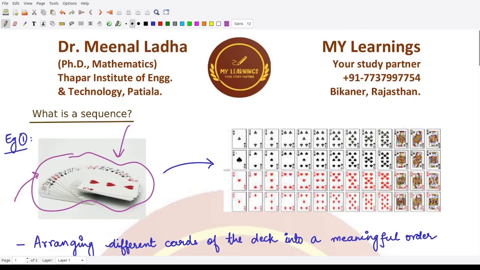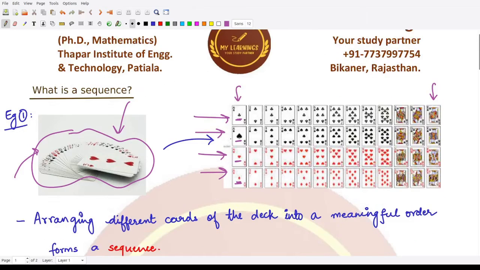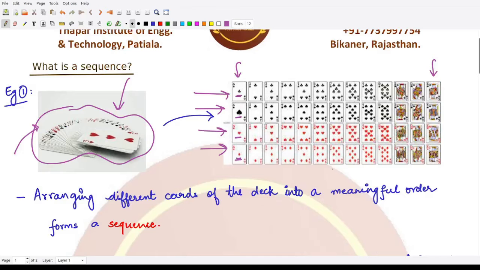You have to arrange all the piles of different colors and different symbols in increasing order, starting from the ace, and the last card would be the king in one pile, and you will have 4 such piles. So what you are doing essentially is converting this deck into a meaningful arrangement, and that meaningful arrangement is nothing but a sequence.